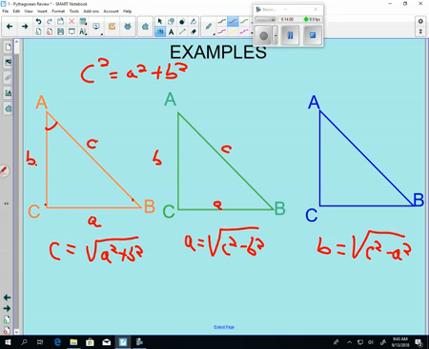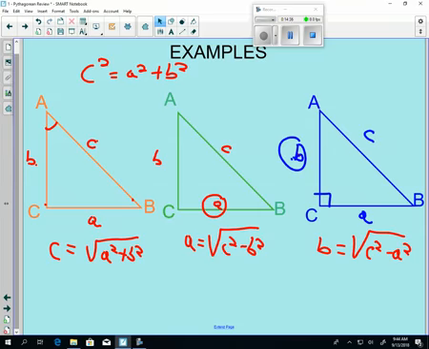And if we're looking for A this time, I'll put the blue. That's the right angle. I'm looking for B this time. So B is going to equal the square root of the big side squared minus the small side squared.